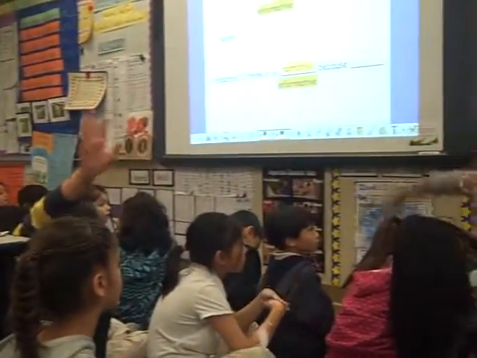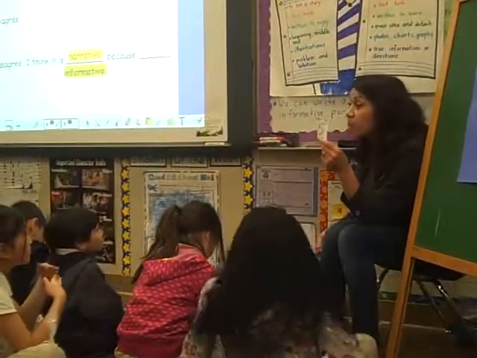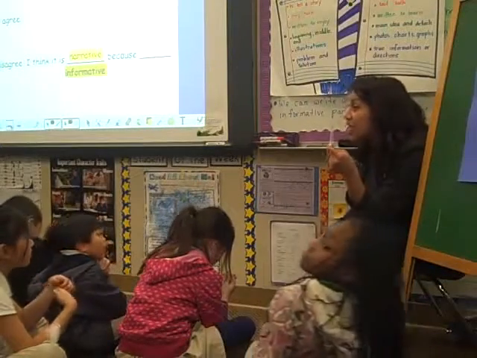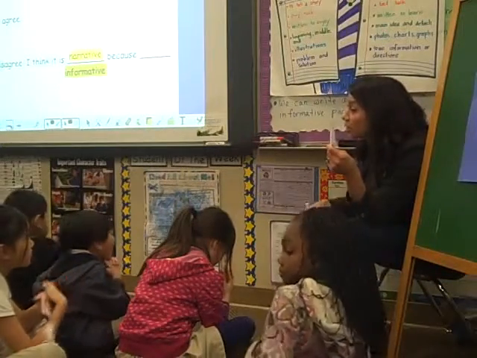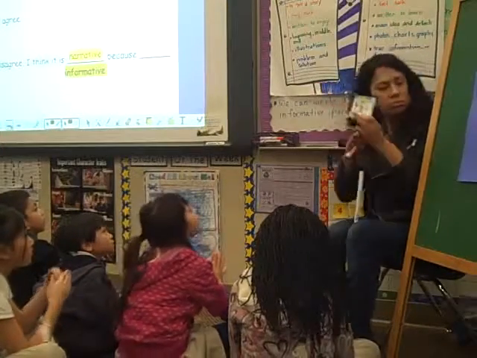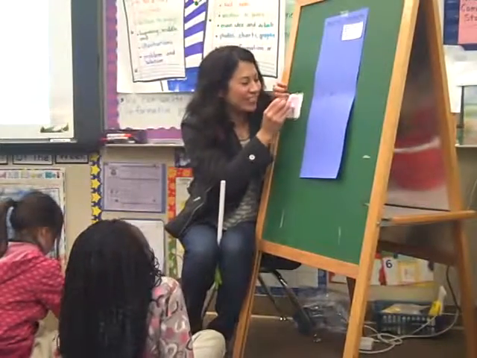It's written to learn, so this is teaching you something. Just like informative writing, you are trying to learn something or teach something when you are looking at informative writing. So, let's give them a round of applause, because that goes on informative.